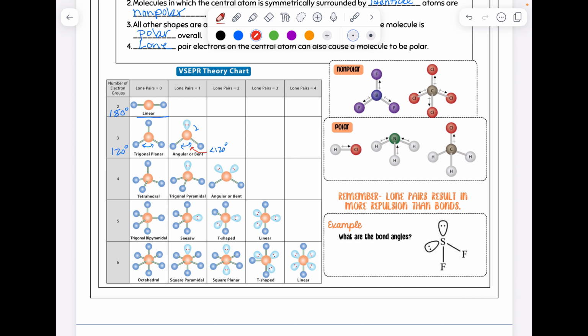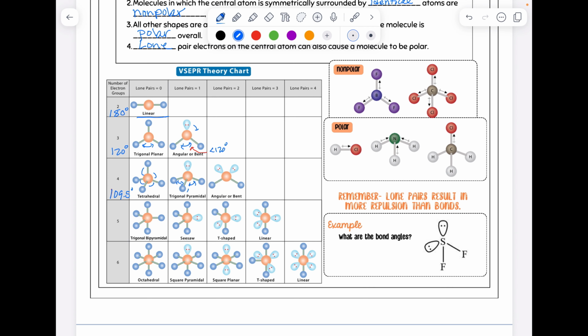For this, there's 4 items on the central atom, the bond angle is 109.5 degrees. So I'm talking about the angles in here. Now again, if there's a lone pair, it's going to repel this more.